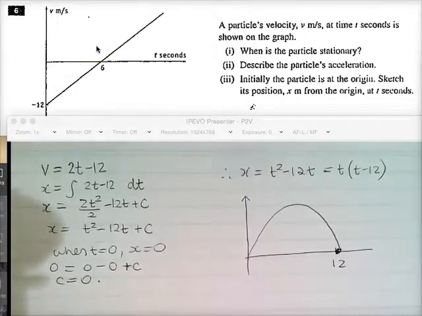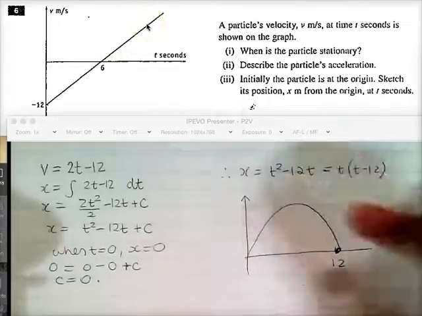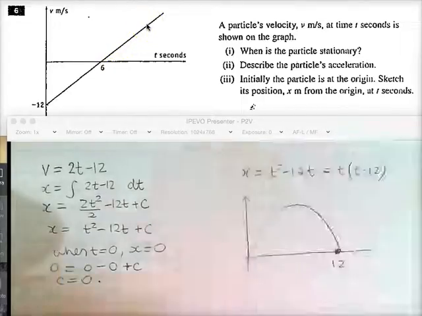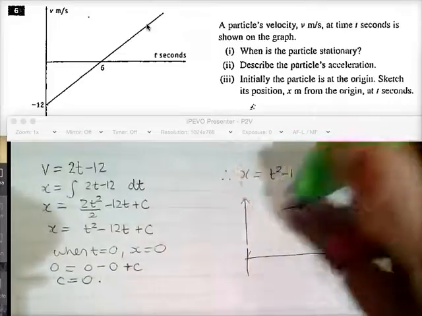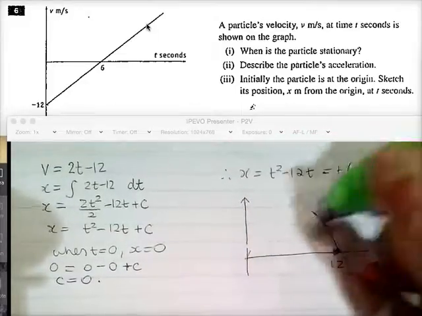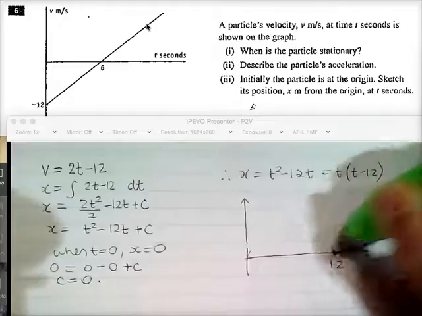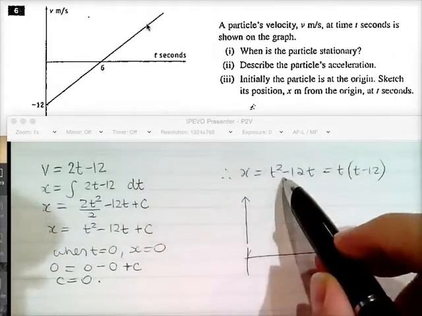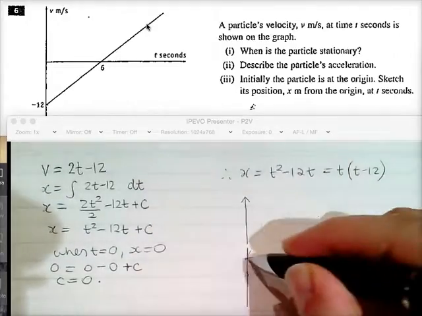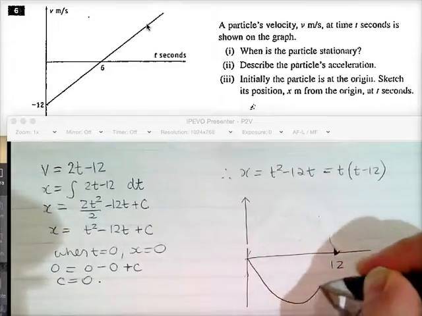When I was just checking that, see here, gradients negative, negative, negative, zero gradient, then positive, positive, positive. My curve is drawn upside down because it's concave up. So if you look at t squared minus 12t, it's concave up.